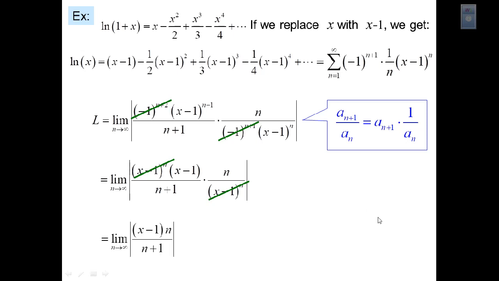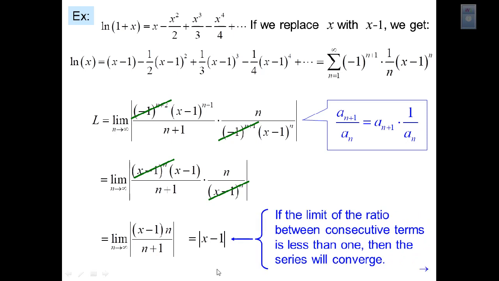So we're going to end up with x minus 1 times n over n plus 1. And notice, remember, we're taking the limit as n goes to infinity. So what's going to happen with our n over n plus 1? Well, that's going to go to 1. So we end up with just the absolute value of x minus 1.